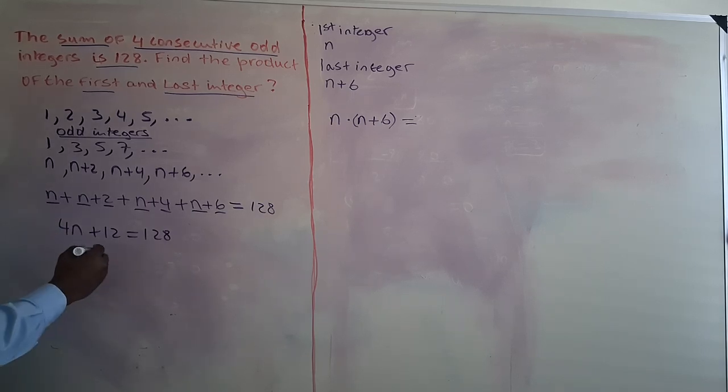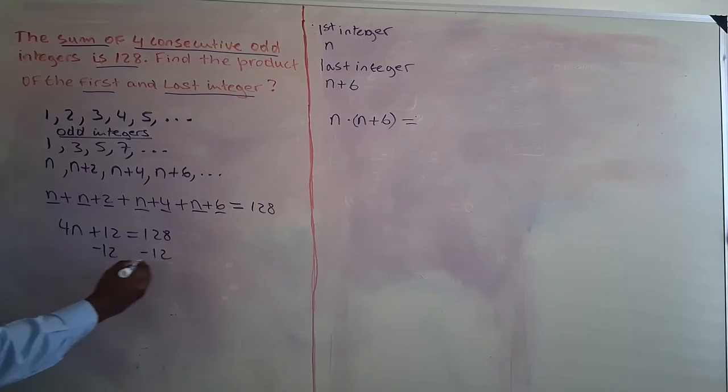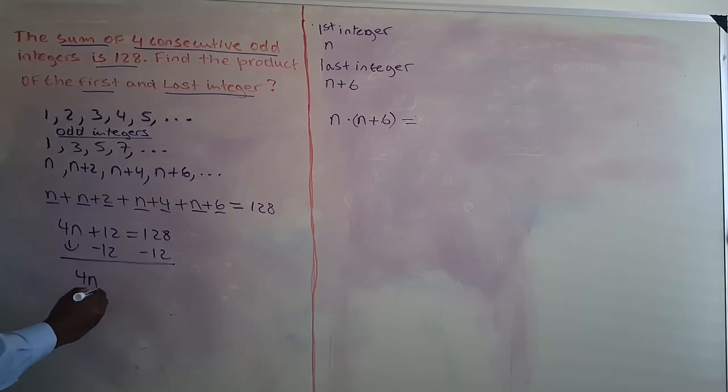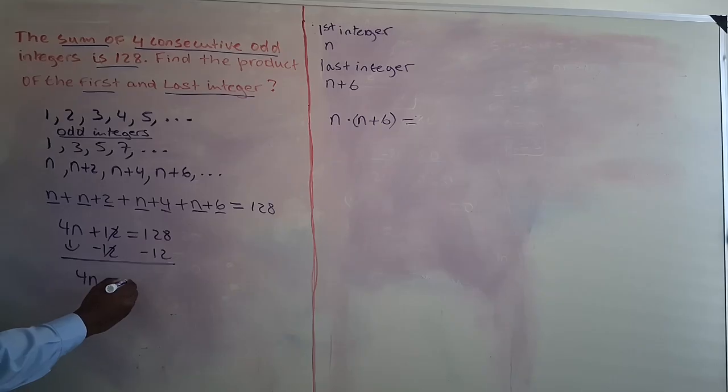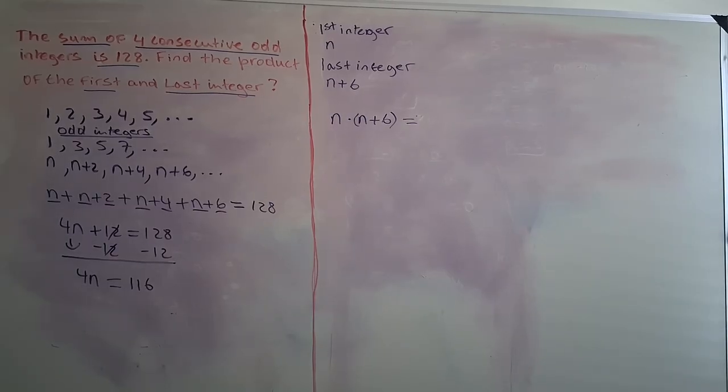Now we want n to be by itself. So we're gonna subtract 12 from both sides. We bring down the 4n. 12 minus 12 cancels out to 0. And 128 minus 12 gives us 116. So we have 4n equals 116.